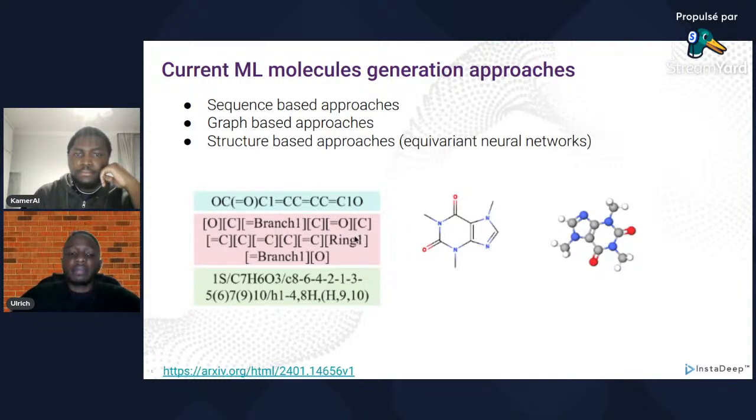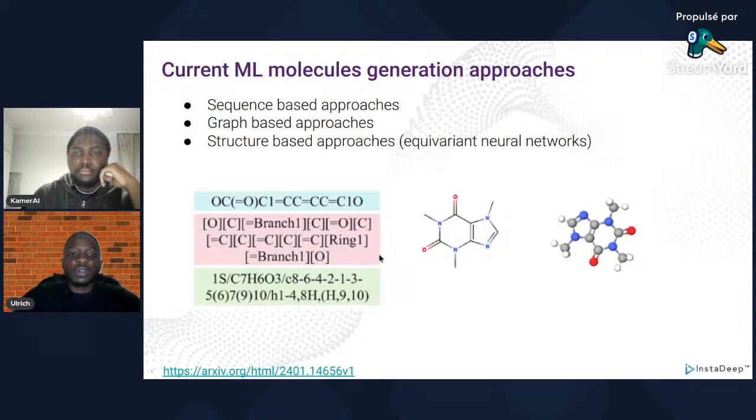Overall, most of these approaches have their advantages and their limitations. In my opinion, both the graph neural networks and the structure-based neural networks require a lot of knowledge of chemistry to be able to design these algorithms, and the sort of biases you put in your model.